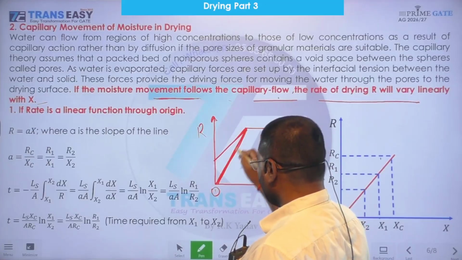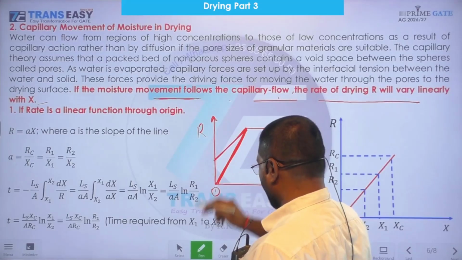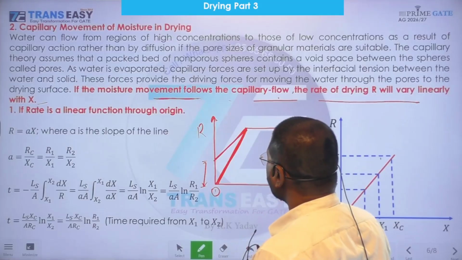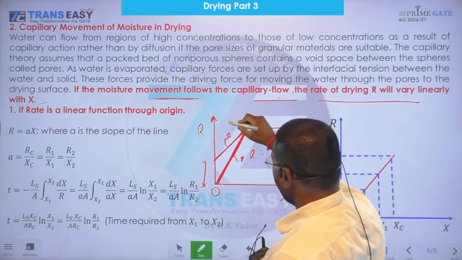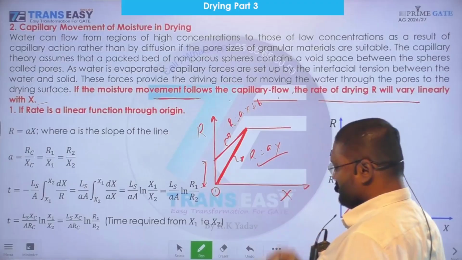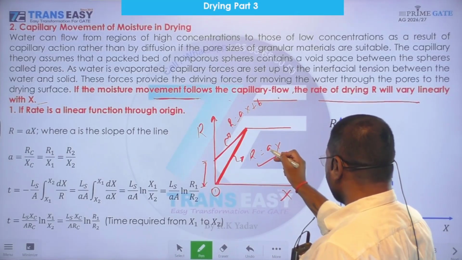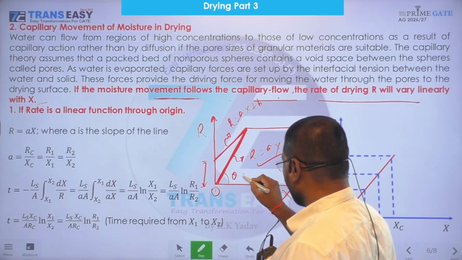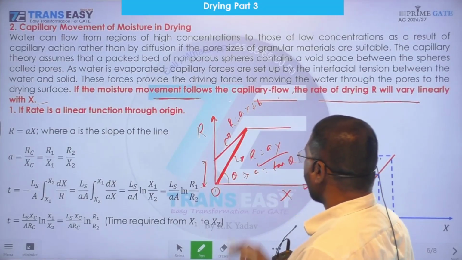One where a straight line is passing through origin, and here we have a cut on R axis. For this we can write R is equal to AX, and for this we can write AX plus B, intercept form. Equation of a straight line passing through origin, y is equal to mx, y is R, m is A, slope of this line, here it is theta, then A is equal to tan theta, right?